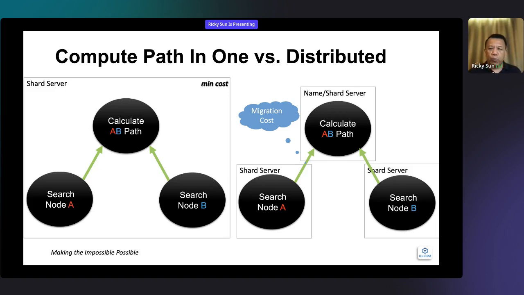Like what's illustrated here, all of these paths, the green paths, involve migration cost. It doesn't really matter where exactly the eventual query data processing will happen. The key difference here is which one has lower cost and better performance.